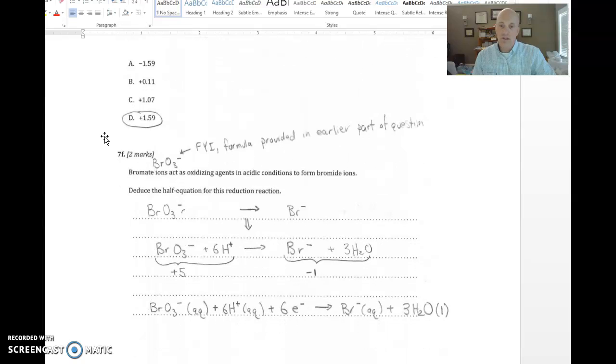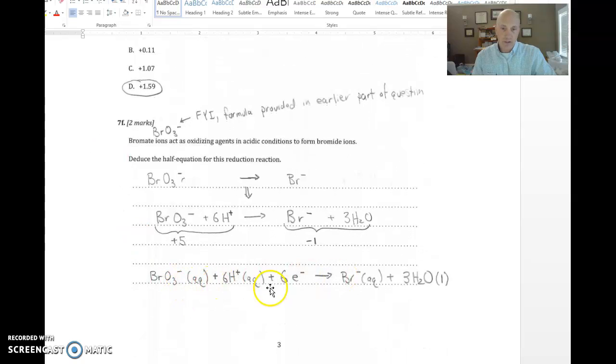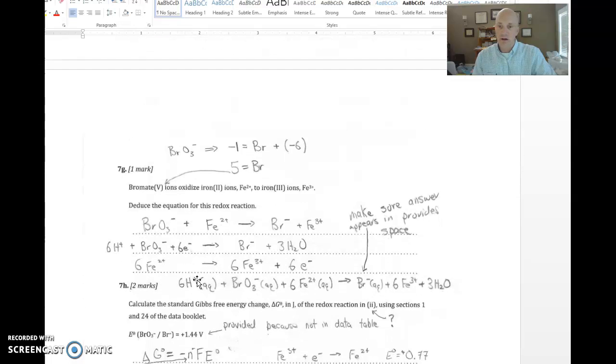And so we have the half reaction right here that shows bromate being reduced. So that means that bromate is an oxidizing agent. So this is actually going to be the half reaction that bromate is going to be involved in.